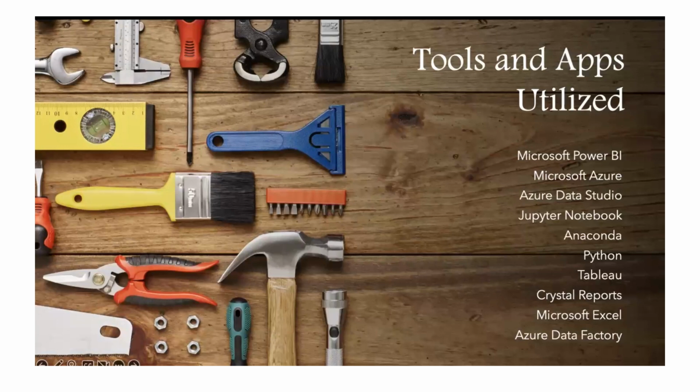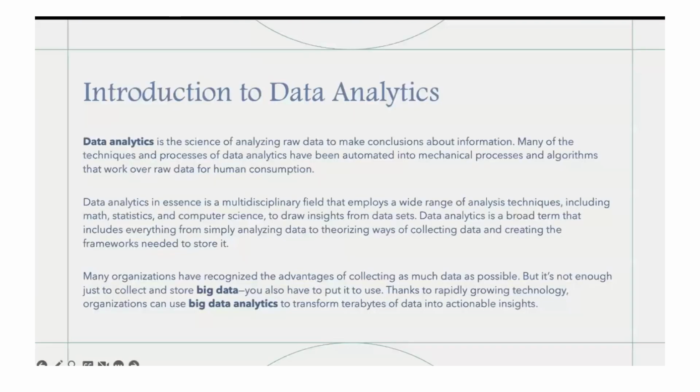So that's a very simple example of an ETL process. With that in mind, those are some of the key tools we use within the data analytics field. So let's jump into it.